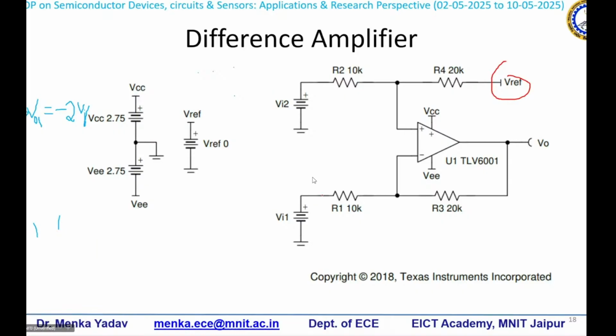So we have grounded this. Now because of this, how much can we get? Look at this configuration.